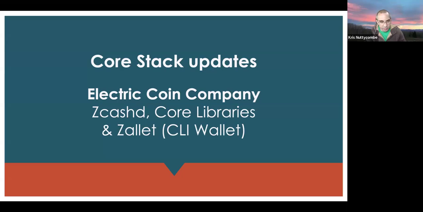The other thing on our plate has been releasing new crate releases for zcash_keys, zcash_client_backend, and zcash_client_sqlite, and new releases of the ECC wallet SDKs. These add transparent gap limit handling.